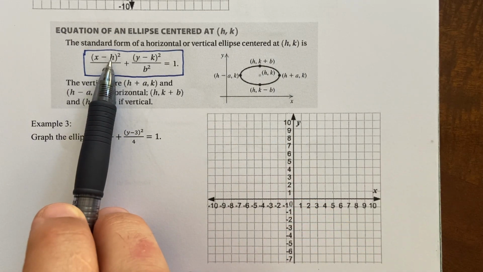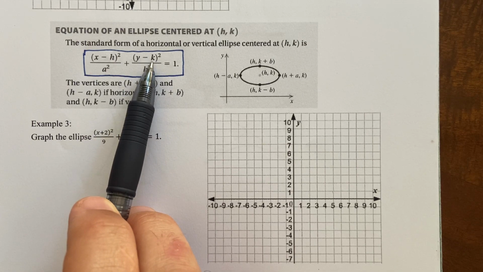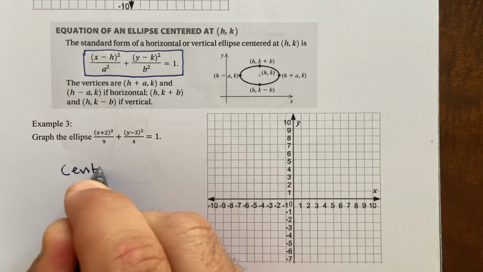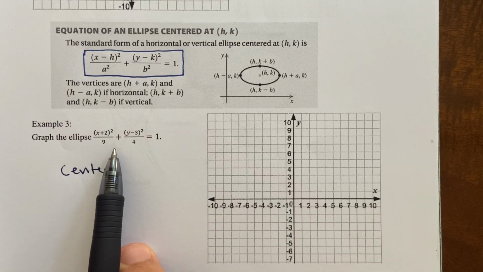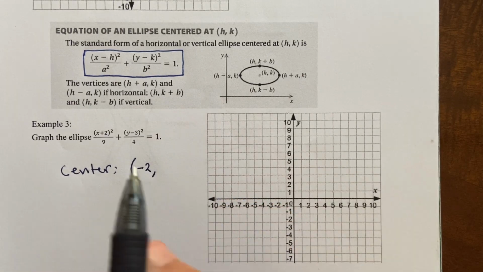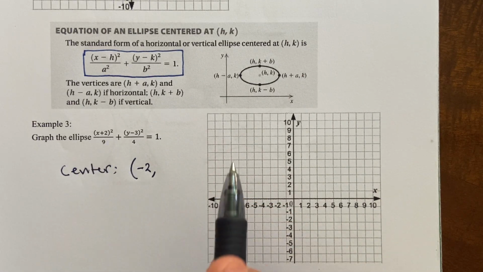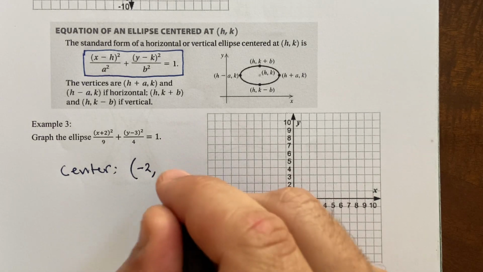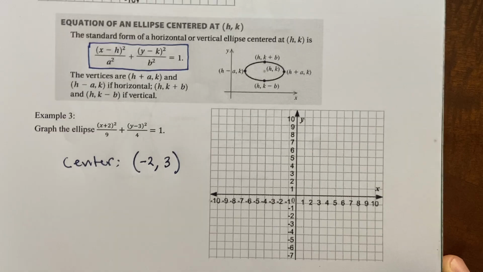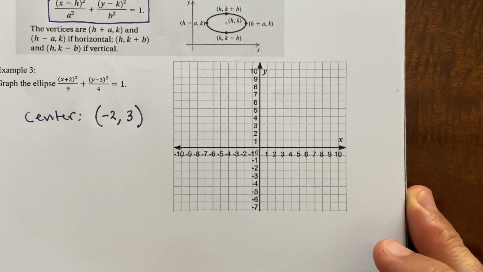We're taking the opposite of what we see here and the opposite of what we see there. So what I'll do first is find the center of this thing. It's already in standard form. So the center would be at -2. I'm taking the opposite of +2, and then the opposite of -3. So -2, 3 is the quote-unquote center of this ellipse.